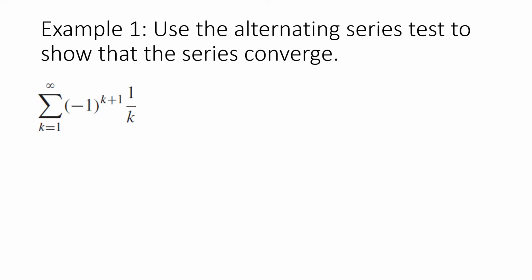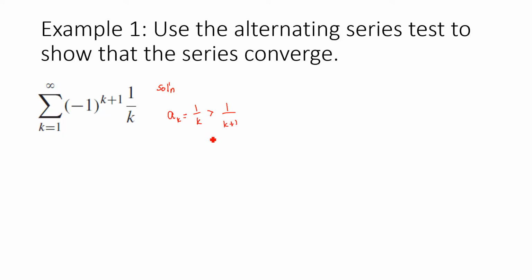So in this case, for our solution, we know that our a sub k is equal to 1 over k, which is greater than 1 over k plus 1, because if you substitute 2, 1 half is greater than 1 third.